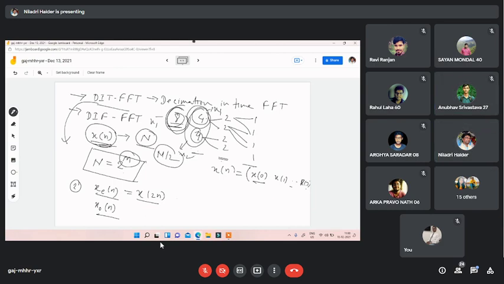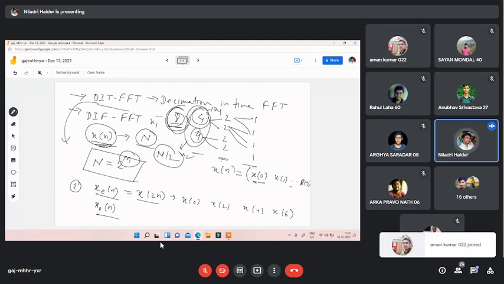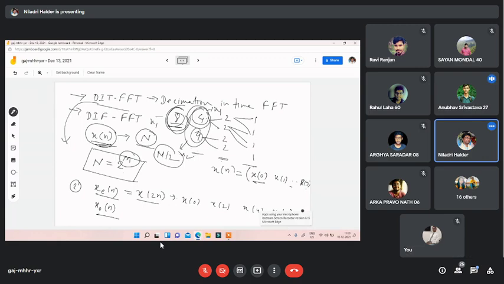So for the even part, if the size is 8, what values are you getting? x0, x2, x4, x6. x8 you don't have, so you will go up to x6. Is there x8? No, sir. So you will go up to x6.